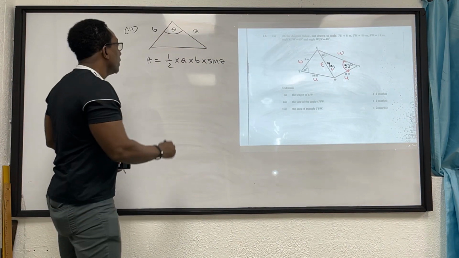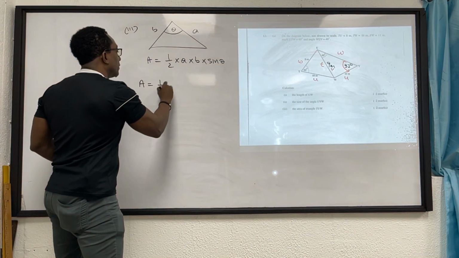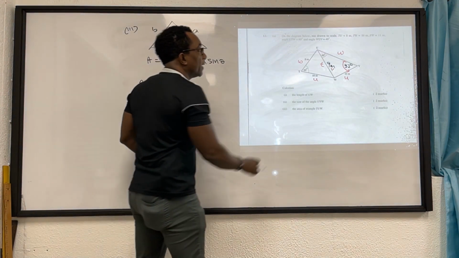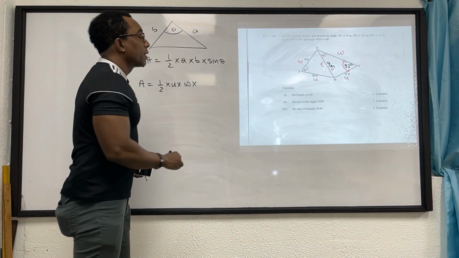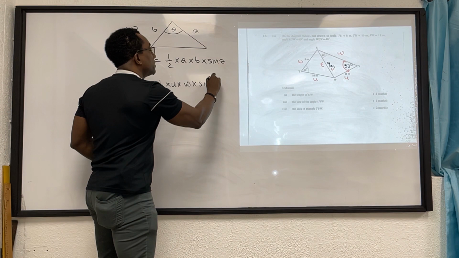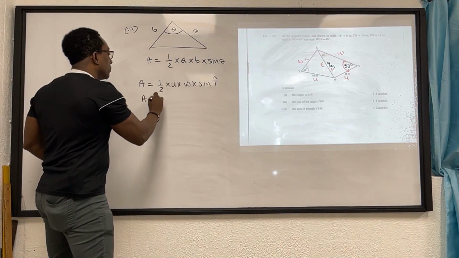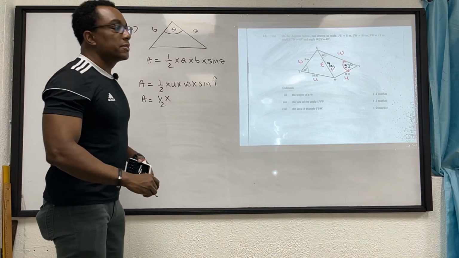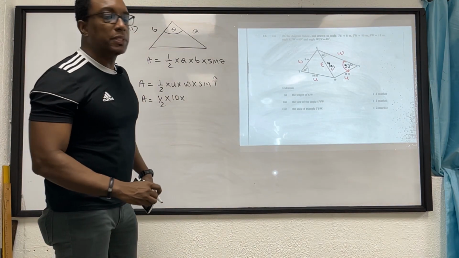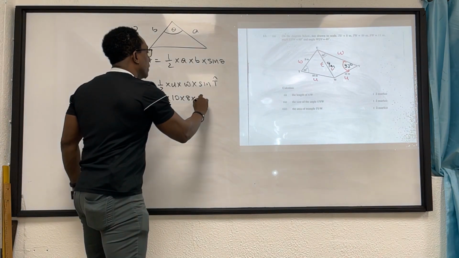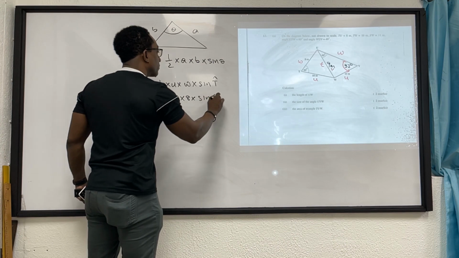So our area of that triangle will be a half times side U times side W by sine the angle at T. Let's substitute into that formula. A is equal to a half times side U, which is 10, times side W, which is 8, multiplied by sine the angle, which is 60 degrees.